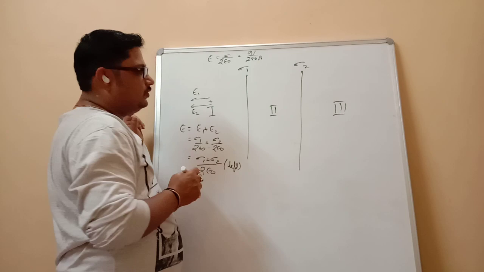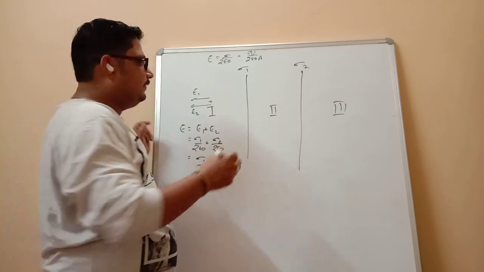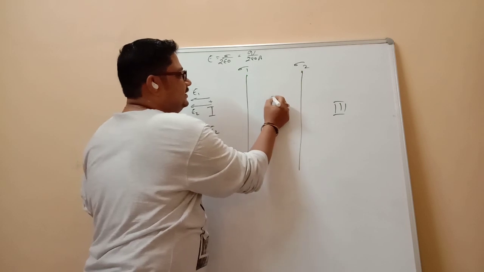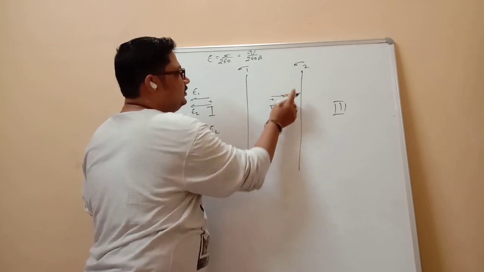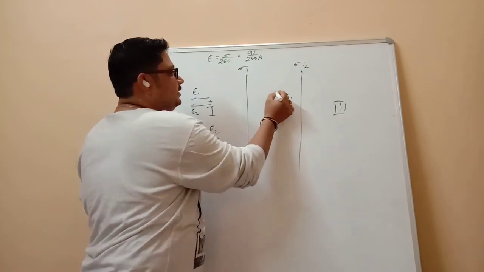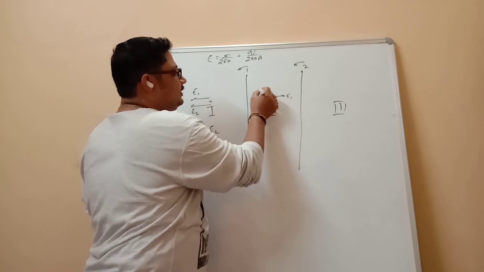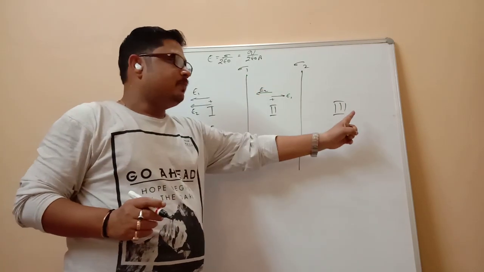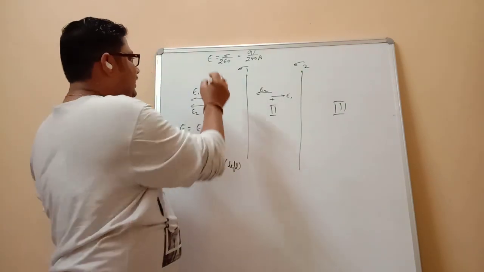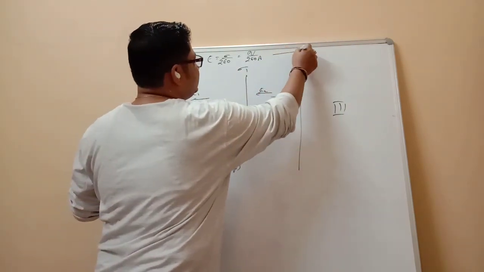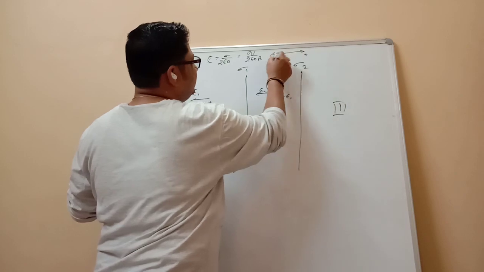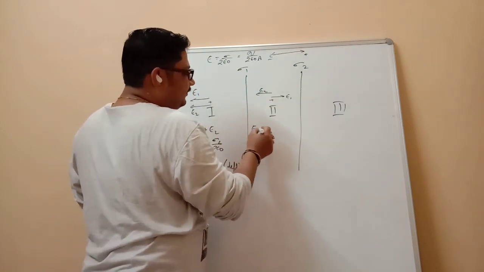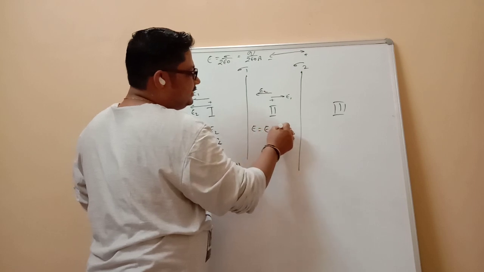Now if we talk about region 2, if you put a positive charge here, sigma 1 will repel it, so E1 will be in this direction, and sigma 2 will repel it, so E2 will be in this direction. If we consider the right-hand side to be positive and the left-hand side negative, the net electric field will be E1 minus E2.